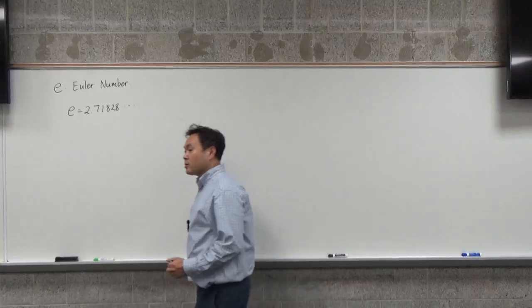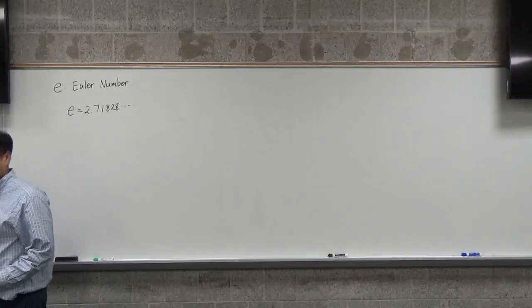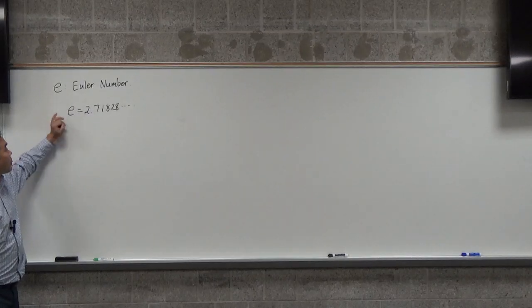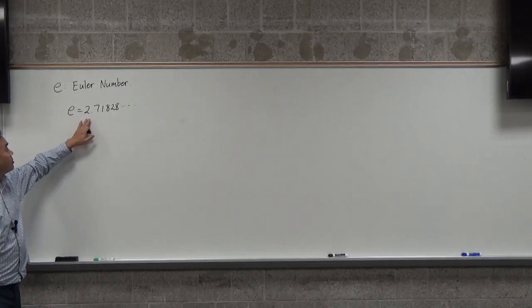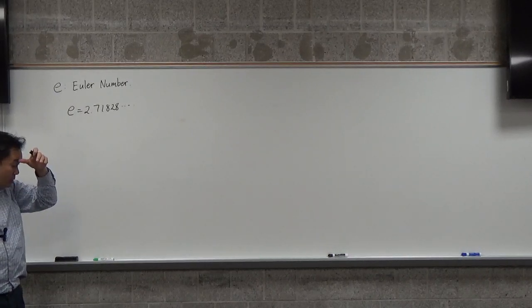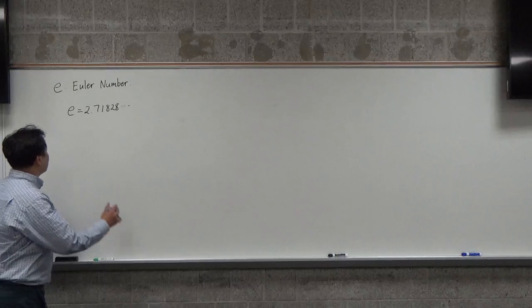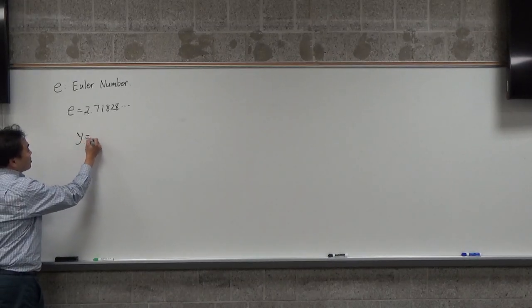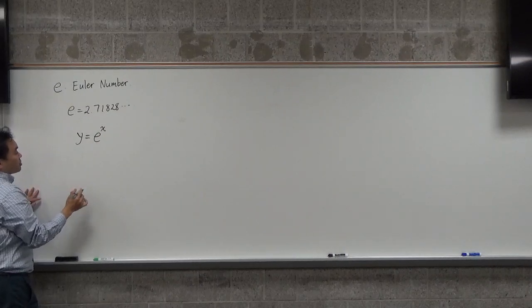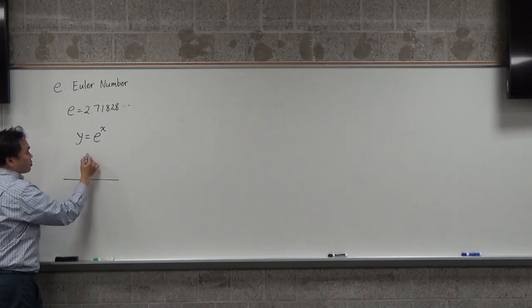Let me talk about this number e. e is called the Euler number, and its approximate value is 2.718. And the reason this number is so important is that it has this property.